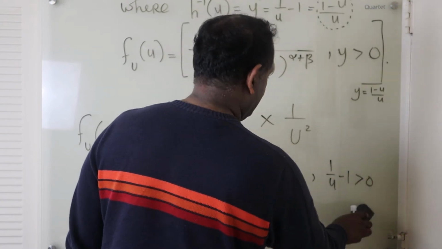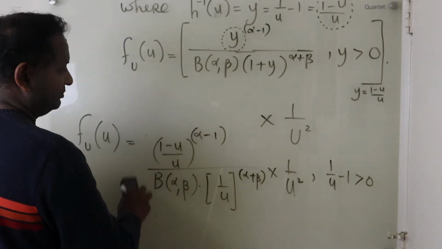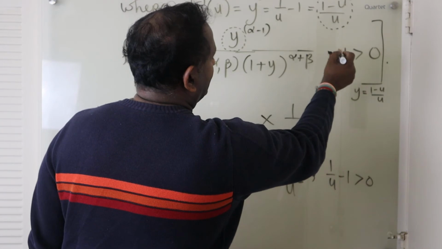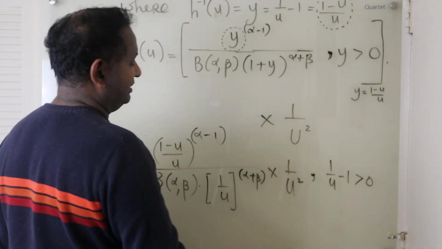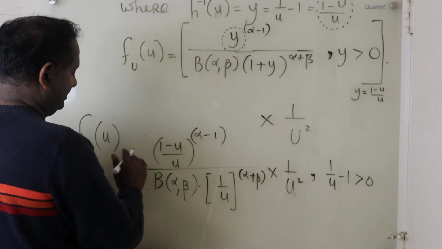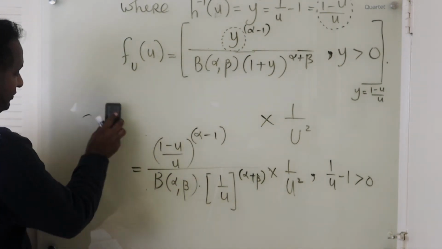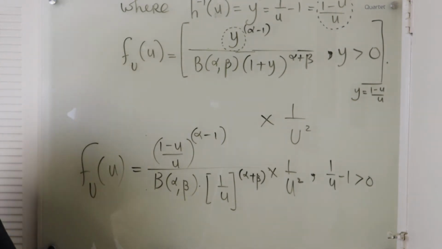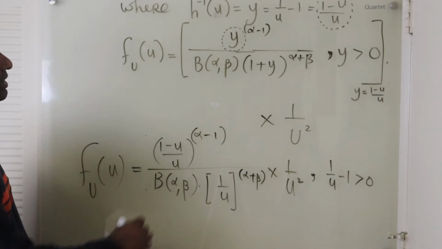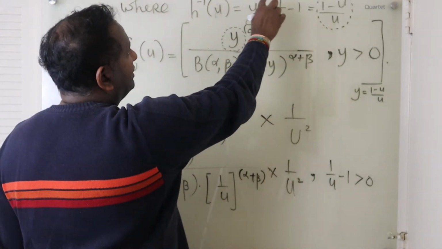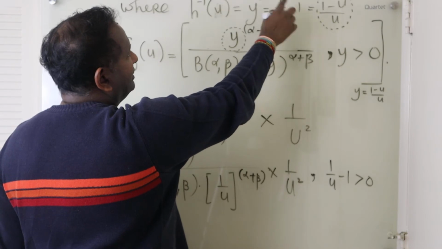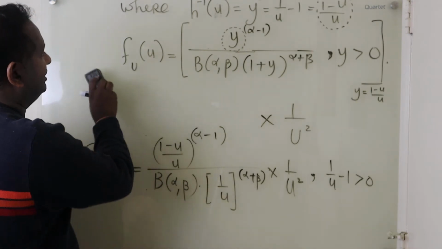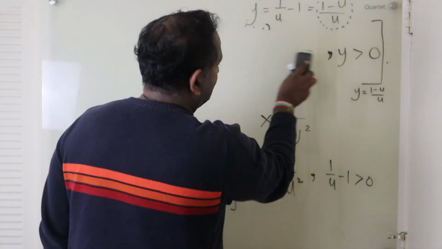Now you don't need this one here. That's the domain. With the domain I wrote everything outside. This is f of U, the PDF of capital U. Here I brought this one to this side, and negative becomes positive, and this stays 1 over u. Now let's simplify. That's all we have to do.